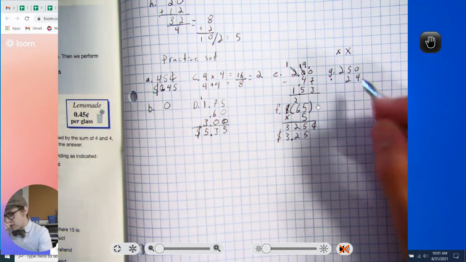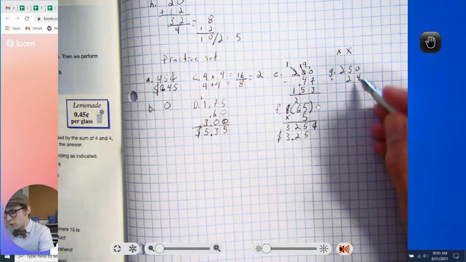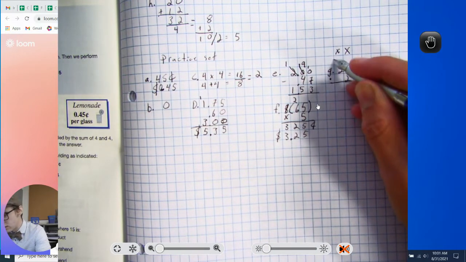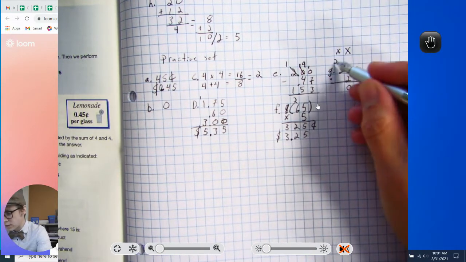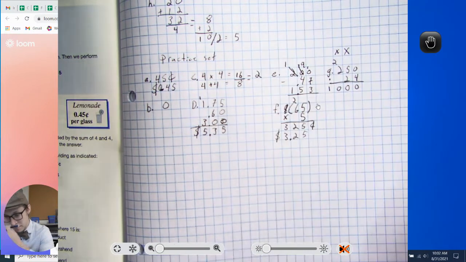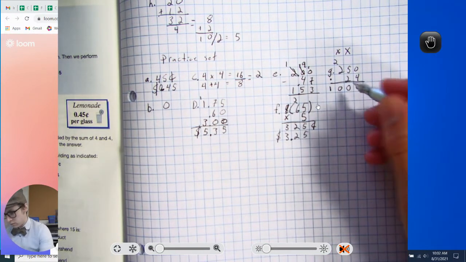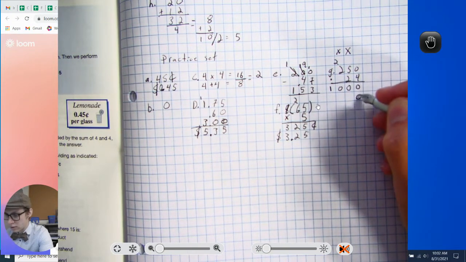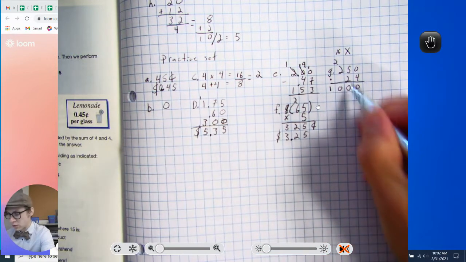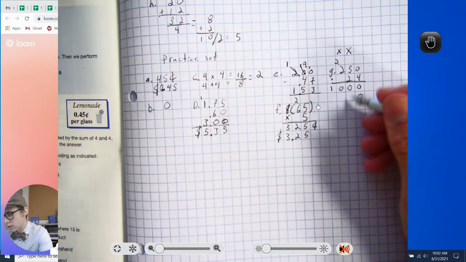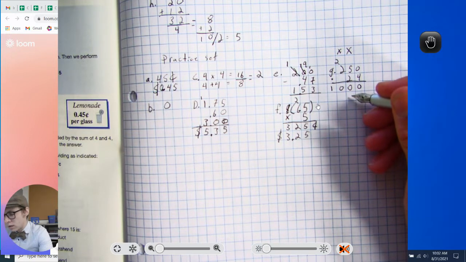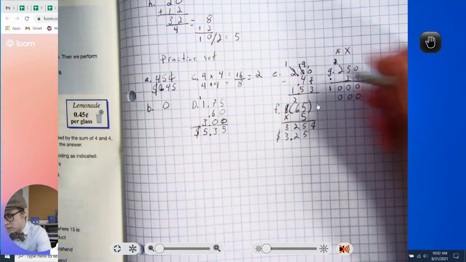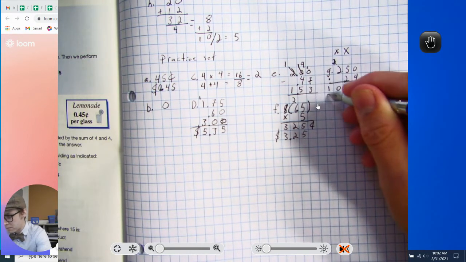All right, so 250 times 24. 4 times 0 is 0. 4 times 5 is 20. 4 times 2 is 8, plus 2 is 10. Now for the 2, we're going to drop down our zero in the ones place to start at our tens. 2 times 0 is 0. 2 times 5 is 10. 2 times 2 is 4, and 1 more is 5.